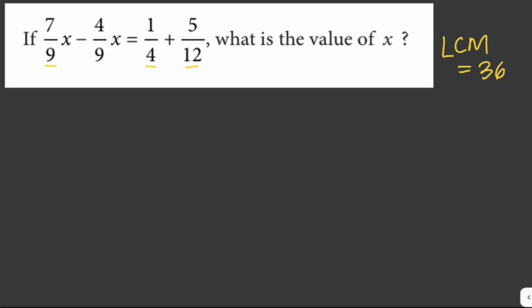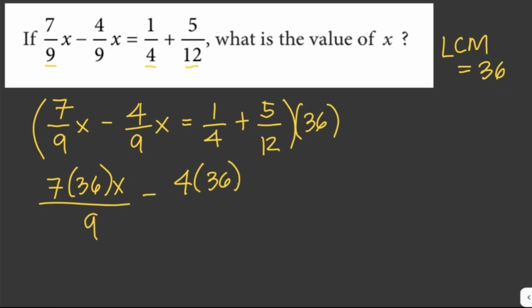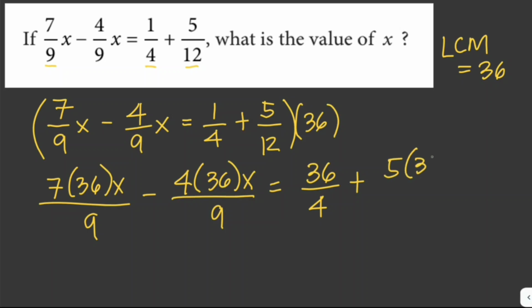So let's multiply this equation by 36. That would be 7 times 36x over 9 minus 4 times 36x over 9 equals 36 over 4 plus 5 times 36 over 12.